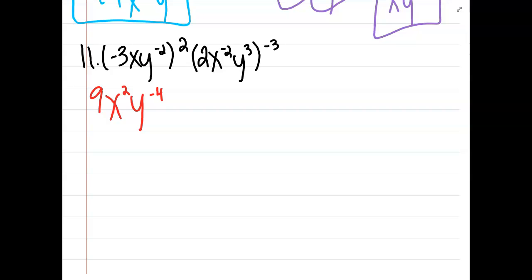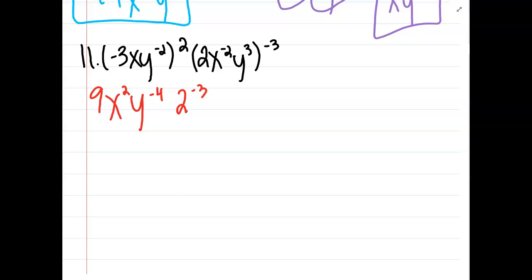So what I would say on these ones, I almost guarantee you, the more work you show, the better you'll do. If you try to start skipping steps and doing stuff in your head, that's usually when students start messing up. Because when you take 2 to the negative 3rd, I can't evaluate 2 to the negative 3rd because it's a negative exponent. I'm going to have to move it and then evaluate it. So show this step, okay?